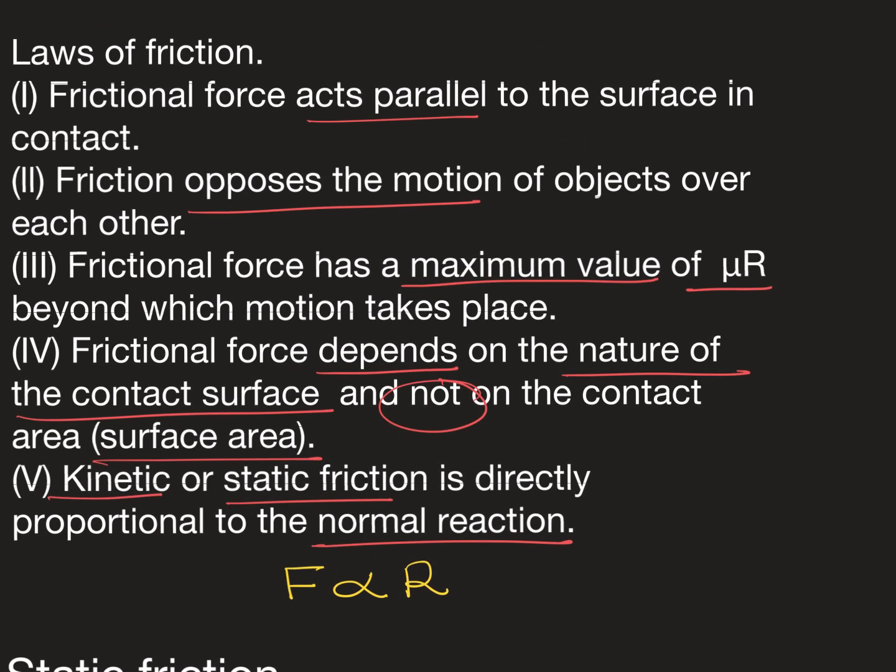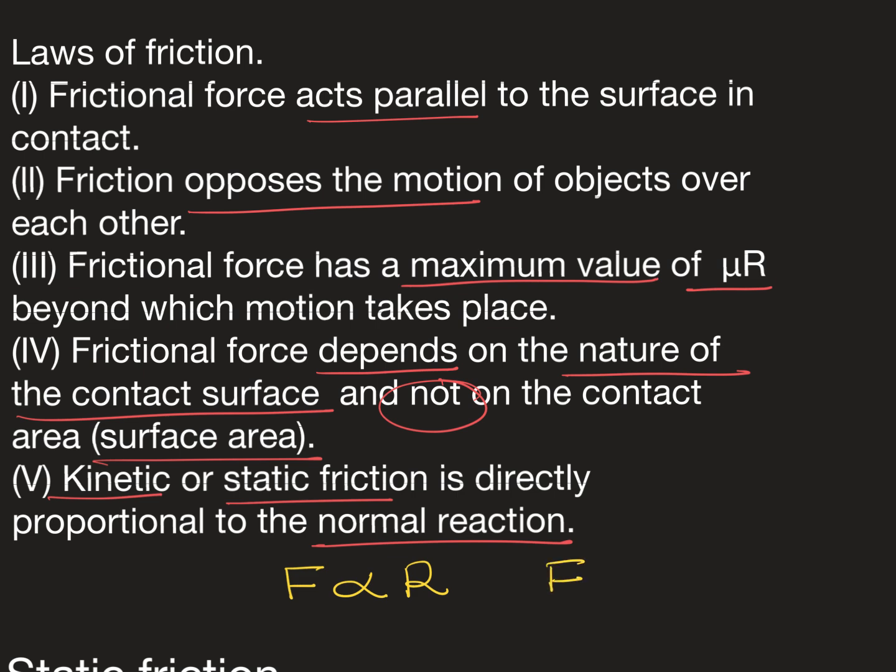If the frictional force is directly proportional to the normal reaction, it means that the more the frictional force, the more the normal reaction will increase. If I want to remove this proportionality sign and replace it with a constant, that constant is what we call mu, or the coefficient of friction.